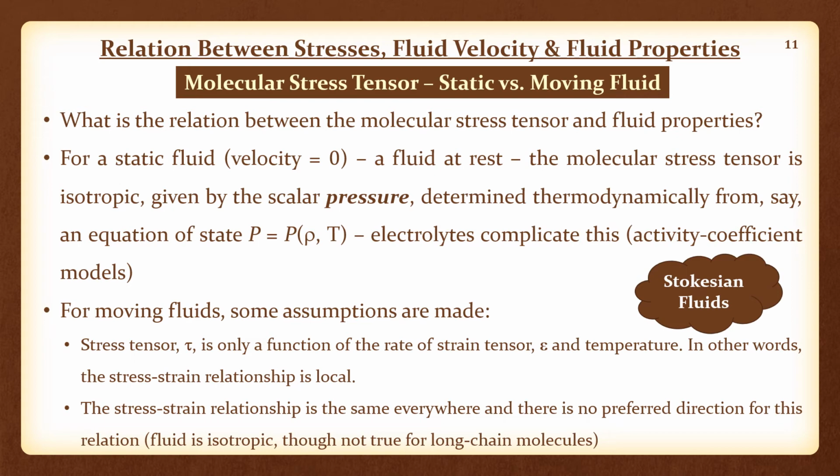And once again, that is something you would have learned in your fluid mechanics course, that the pressure doesn't have any preference for direction. It's isotropic. It is given by the scalar pressure, and this scalar pressure can be obtained for a static fluid from thermodynamics by, say, some equation of state, P given as a function of rho and T, or volume and T, and so on.